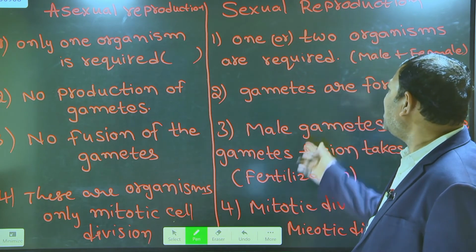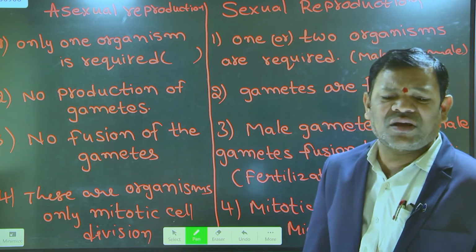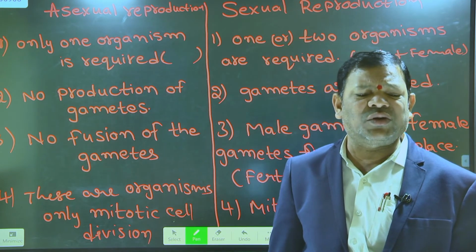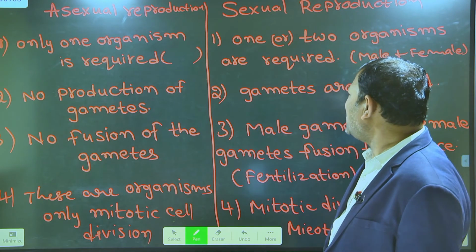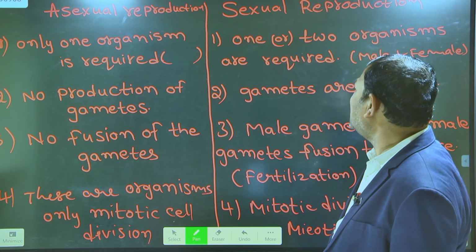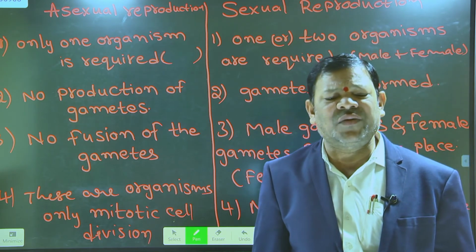Next, in sexual reproduction, the male organism produces the male gamete and the female organism produces the female gamete. So gametes we can see especially in sexual reproduction. Why are gametes formed?